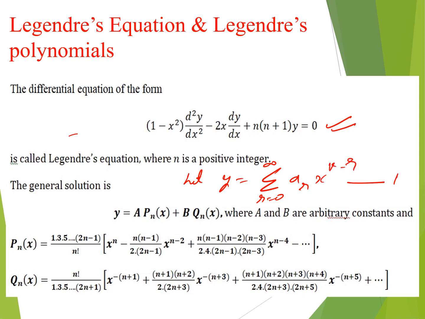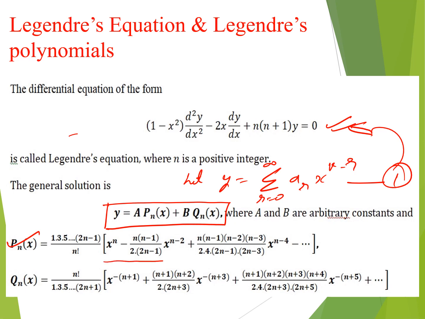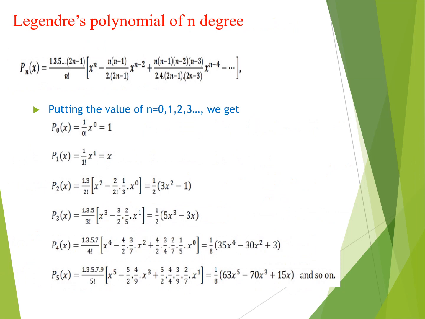When we substitute this in our equation and solve, we get a general solution, where the value of Pn(x) is 1, 3, 5 multiplied up to the odd term upon factorial n, into the complete term. That's why we call it a polynomial. This is the value of Q.